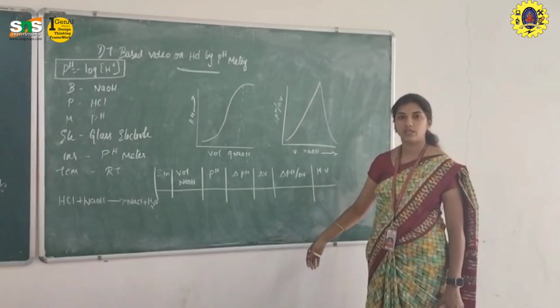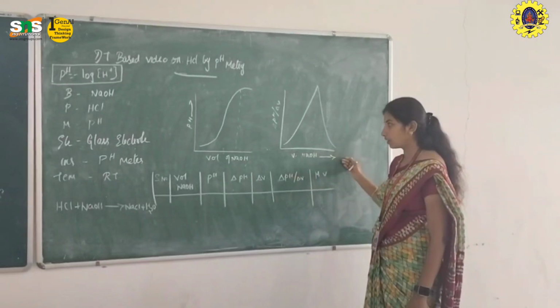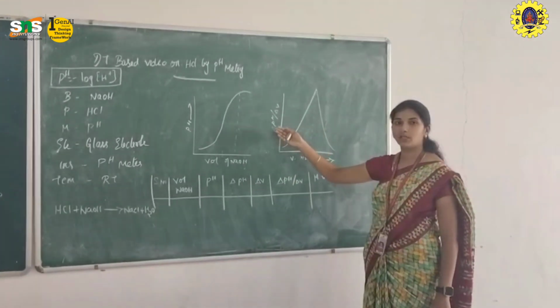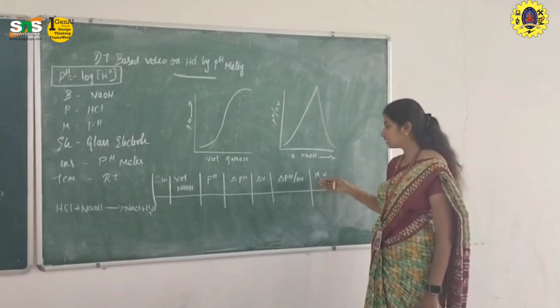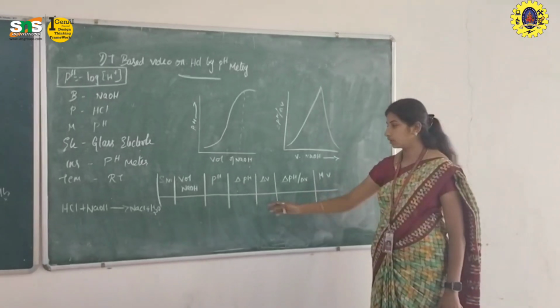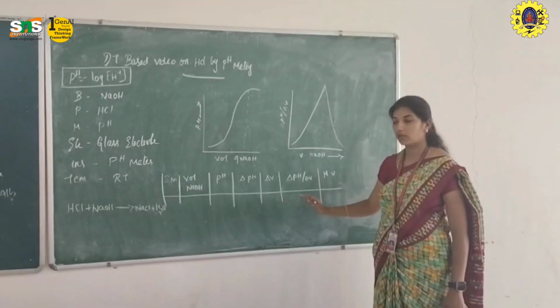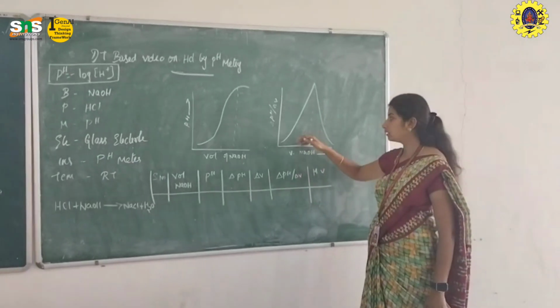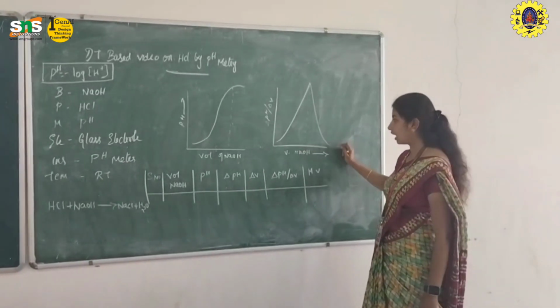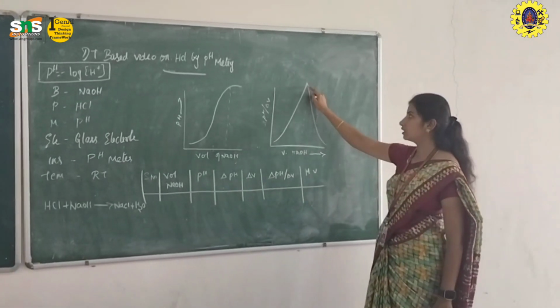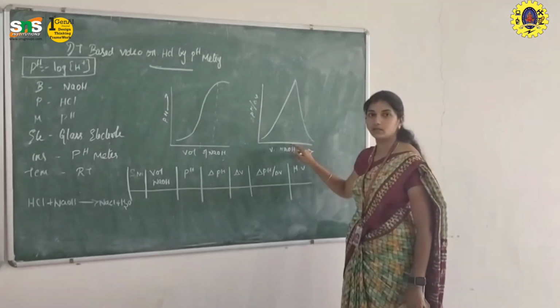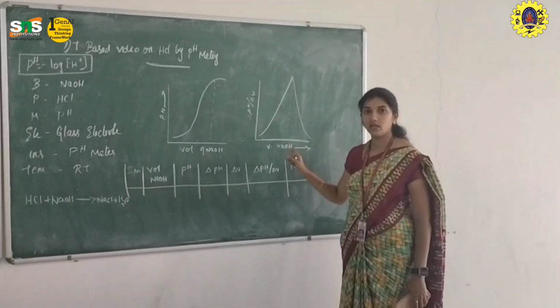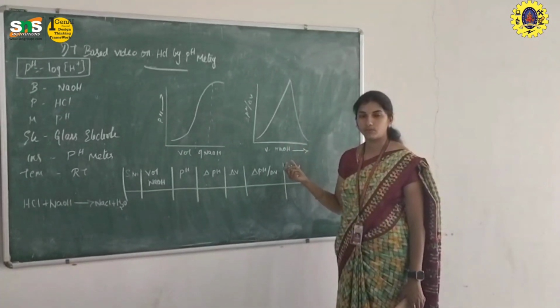From subtracting successive pH values and dividing by the change in volume we get del pH by del V. Plotting these gives the curve graph, with the midpoint as the center point, and we take the volume of sodium hydroxide from this second graph.